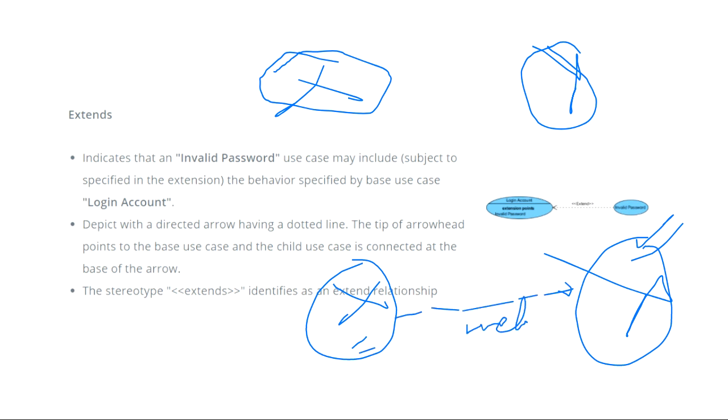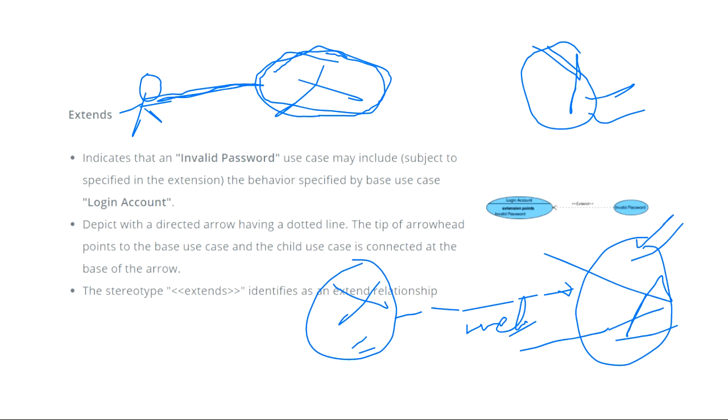But for extend, there will be the actor here. The actor will interact with the X use case, the X base class. Whenever the actor is interacting with this X class, you want that sometimes this Y should be called, not always. In the include, Y was always called, but here you want that Y should not always be called; sometimes it should be called.